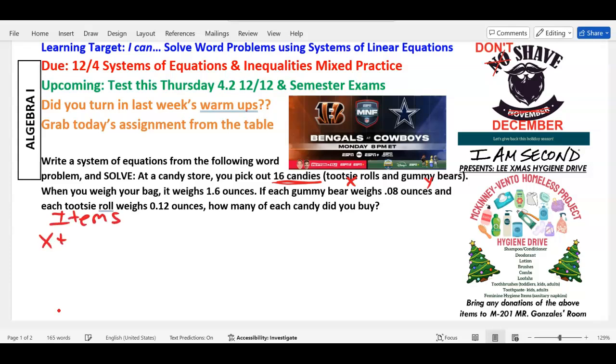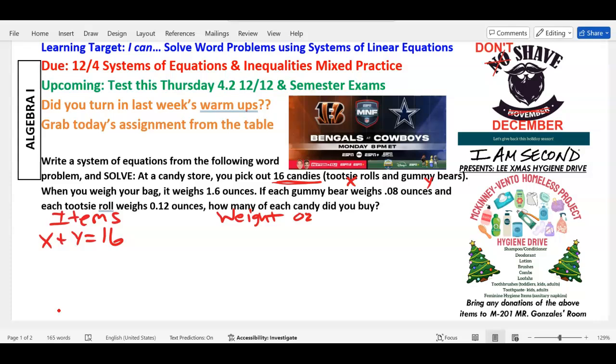maybe just to be more specific here, our items is X plus Y equals 16, and our weight in ounces, by the way, OZ is how you abbreviate ounces, which is weird because there's no Z in ounces, but it is what it is. So the weight, instead of just X plus Y, I need to put the weight on X and the weight on Y. So what is the weight of X Tootsie Rolls? So Tootsie Rolls, it says, is 0.12.